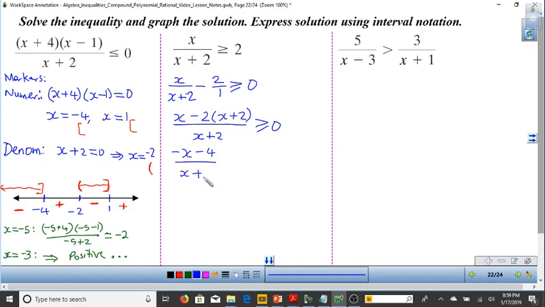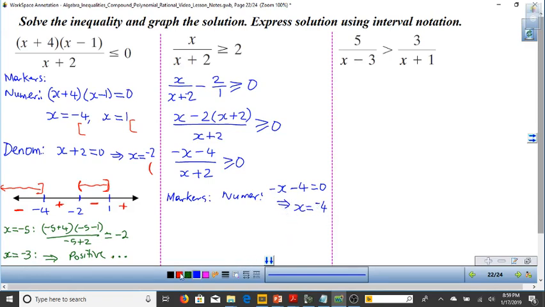And then I have to get my markers. So let's go for our markers here. For our markers, the numerator marker would be negative x minus 4 equal to 0, which would mean x would be equal to negative 4.